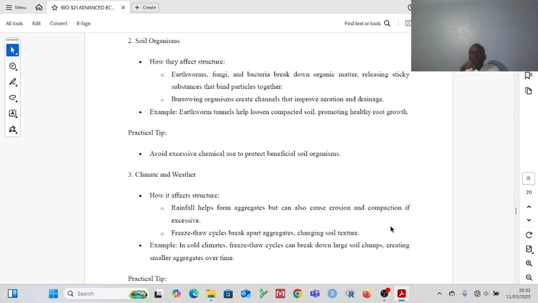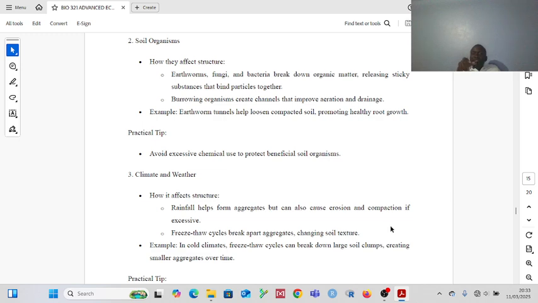The microorganisms keep breaking down the organic matter. They are the detritivores, the decomposers. Once they decompose the organic matter, it will impact the soil. The burrowing animals will also create channels.